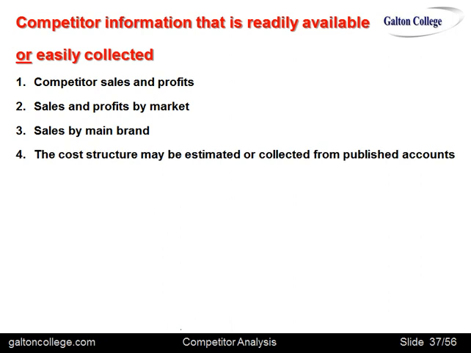The cost structures may be estimated or collected from published accounts. It depends on if the accounts are published. It depends on the type of business. If it's a private company, then the accounts are not published. But as I said, it's still possible to get some understanding of the likely cost structure and the likely profitability of the business from the behaviour of the business.